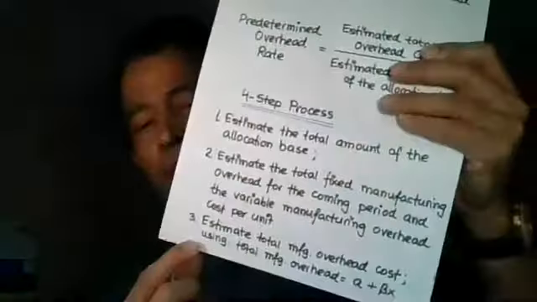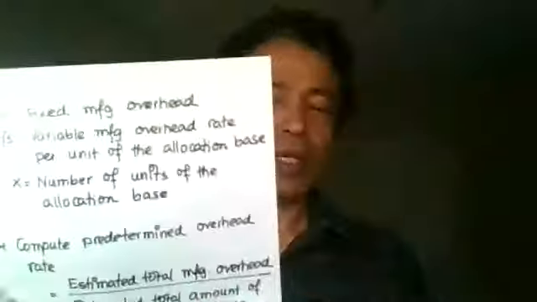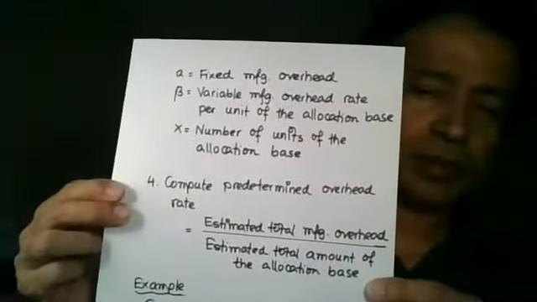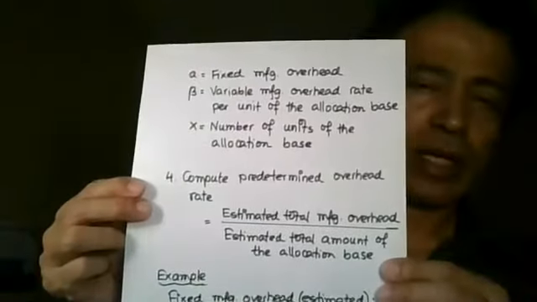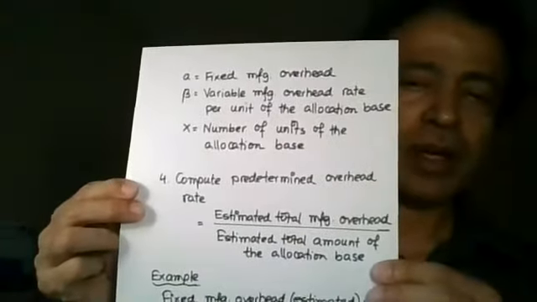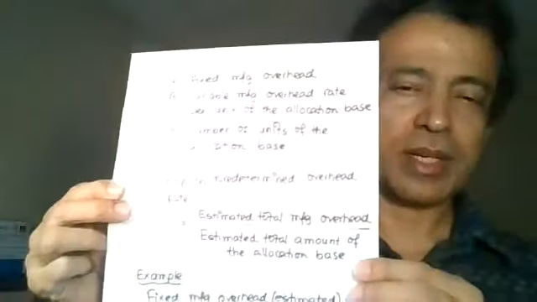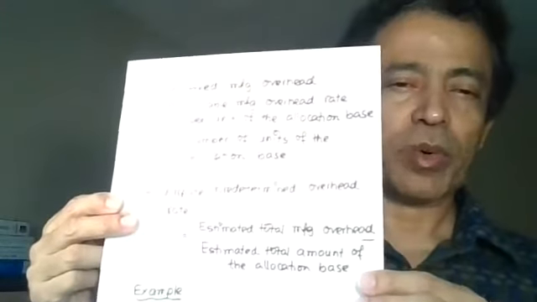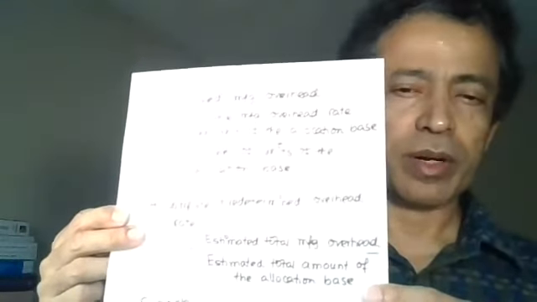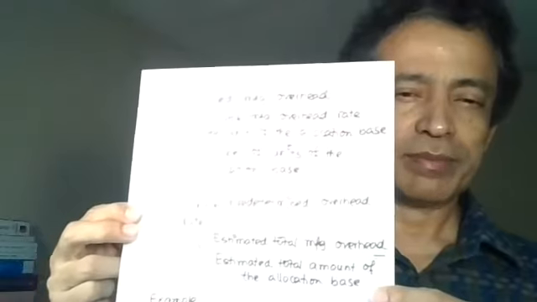So once we have that, we are in a position to estimate the total manufacturing overhead using a linear equation, mx plus c or a plus bx, which I'm showing you here. It's very blurred. I don't think you can see it right here. You can see this is going to be the equation, a plus bx, where a is the fixed manufacturing overhead, b is the beta coefficient, like the variable manufacturing overhead rate or variable manufacturing overhead per hour.